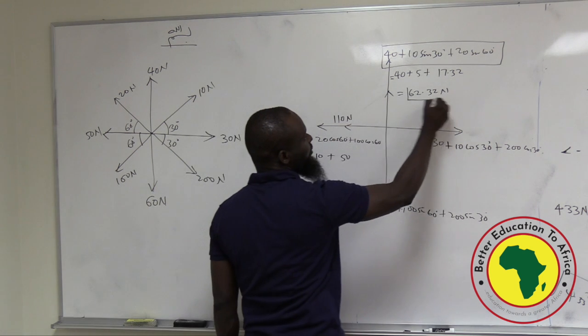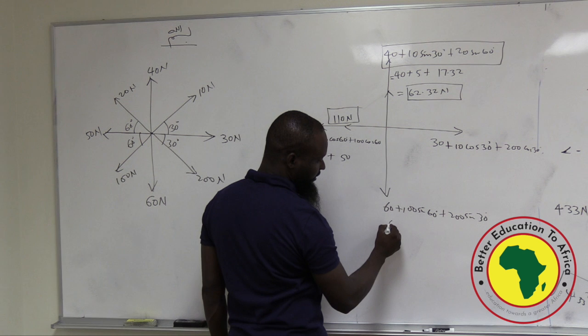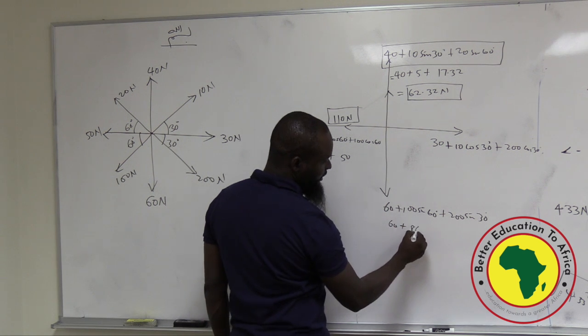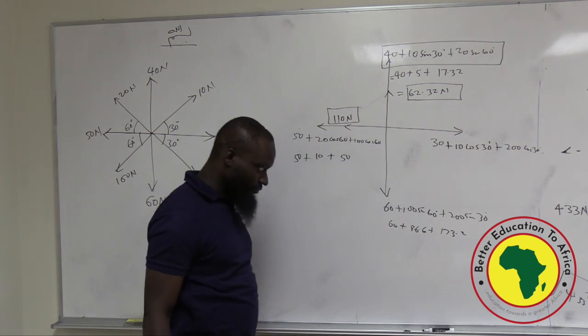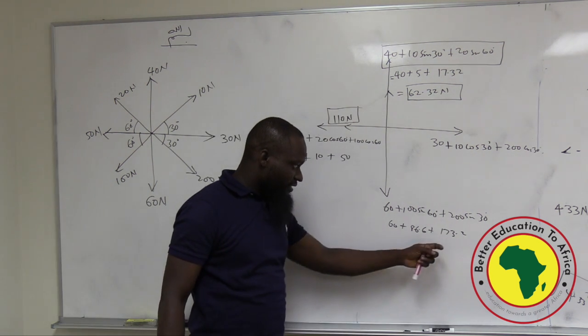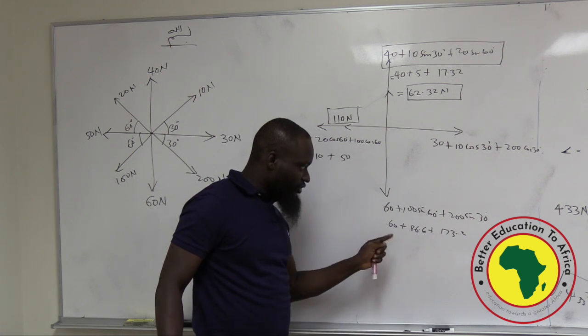So this, the single force going up, the single force going left. 60 plus 100 sine 60 is 60 plus 86.6 plus 173.2. So that will give me 173 plus 30. That will give me 233.2.